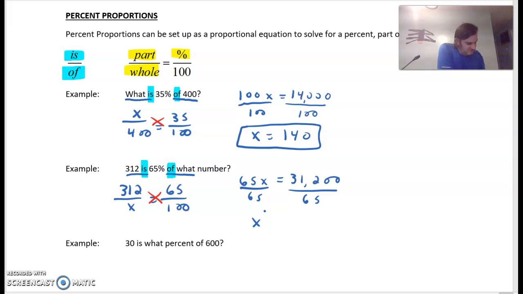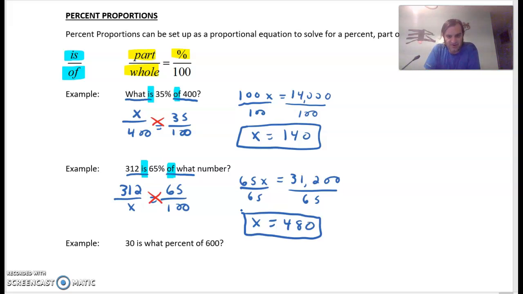Let's see what happens. 31,200 divided by 65. I'm getting 480. So we can go back to that sentence and replace the what and make sense of it. 312 is 65% of 480. Okay.